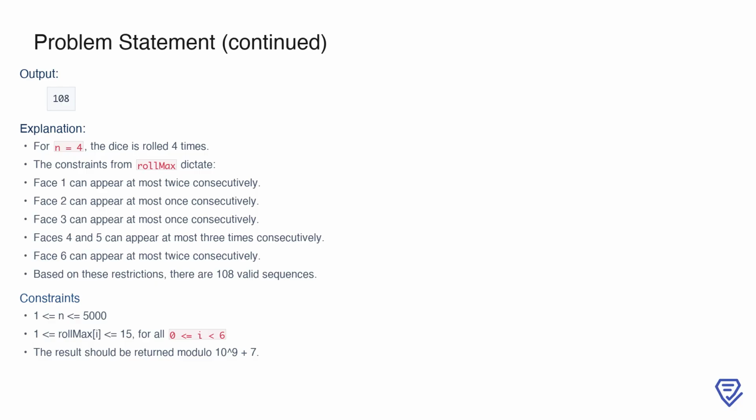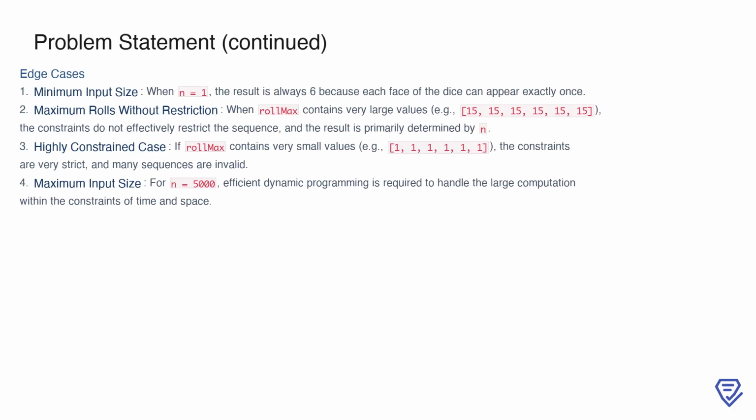When solving this problem, it's important to consider several edge cases. For instance, if n is 1, the smallest possible value, the result will always be 6 because each face can appear exactly once, and there are no consecutive rolls to restrict. On the other hand, if rollmax contains very large values, such as [15, 15, 15, 15, 15, 15], the constraints become ineffective because they won't limit the sequence significantly, and the result will depend mostly on n.